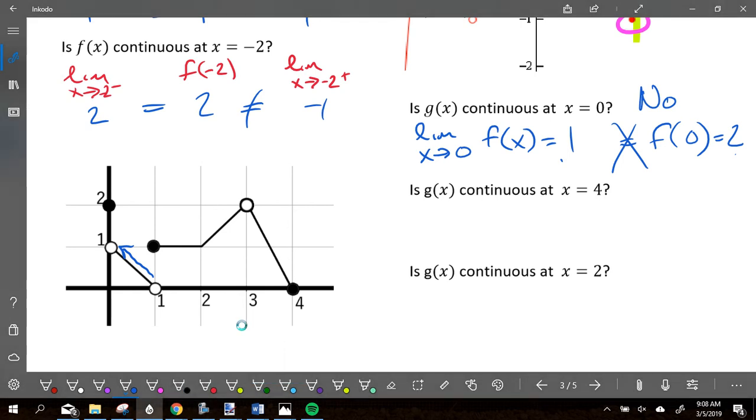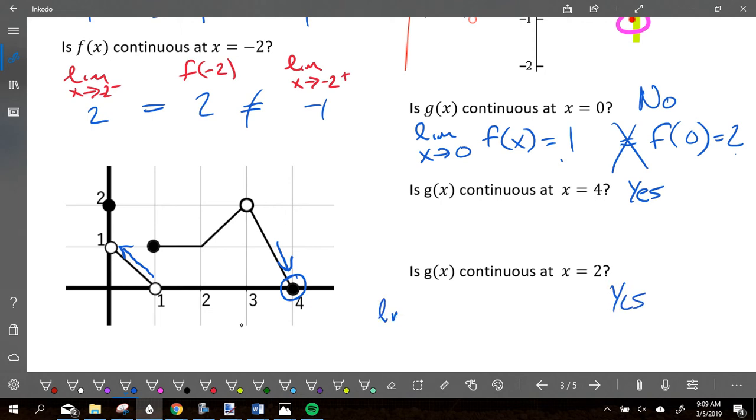Audrey G., what do you think? Continuous at 4? Yep. Why is that? Approaching this spot here, and you got a point there. It's continuous. So the limit is equal to the value. We're good. Brett, what about at 2? Is it continuous at 2? Yeah. Why?